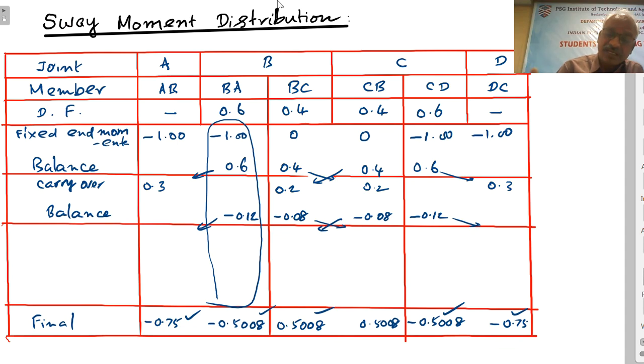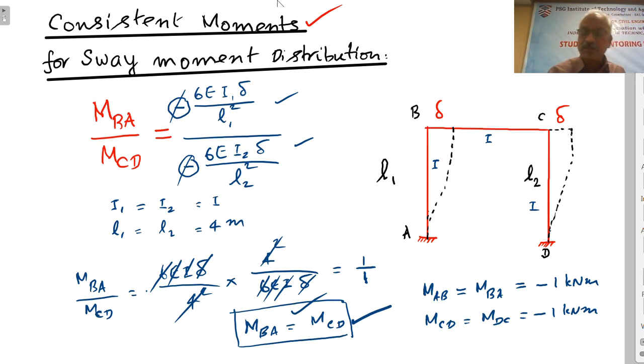But what we have done here is, we have assumed the frame to sway to the right. That means we are applying a force from left to right so that the frame sways to the right. So let us call this P. We are using the same notation in all places.